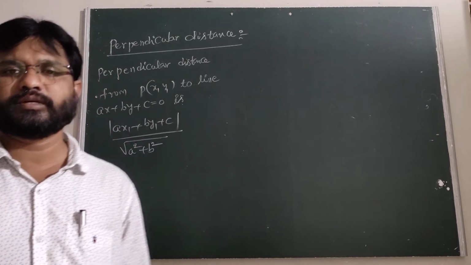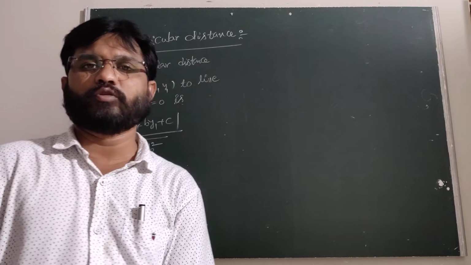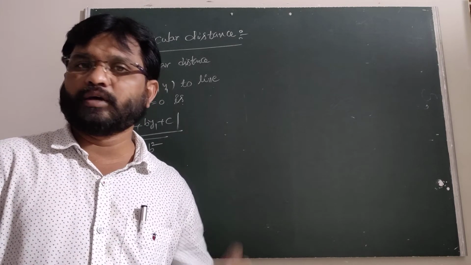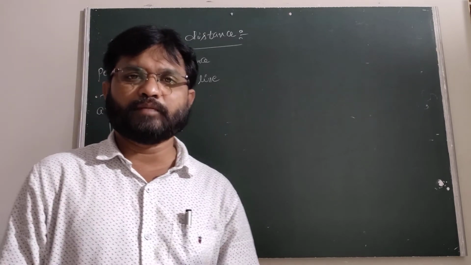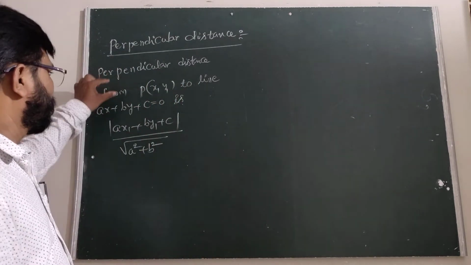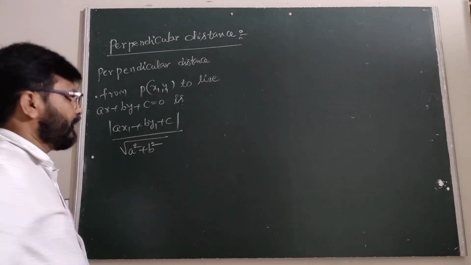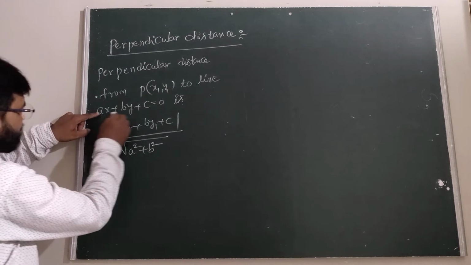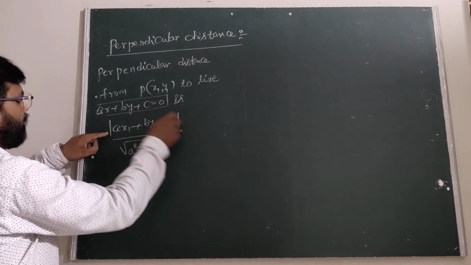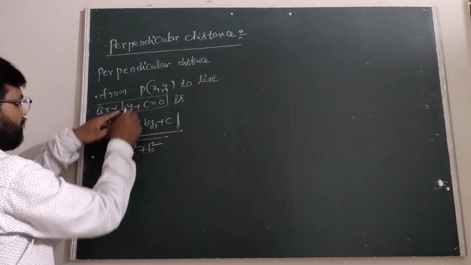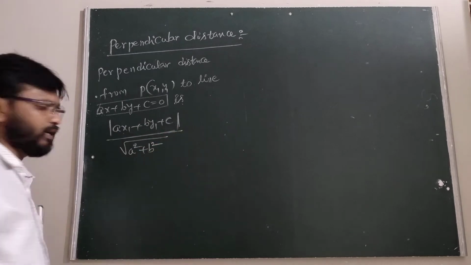Now another concept, the perpendicular distance or the length of the perpendicular. The perpendicular distance from the point P(x1, y1) to the line ax plus by plus c equal to 0 is the modulus of a x1 plus b y1 plus c upon root of a square plus b square.